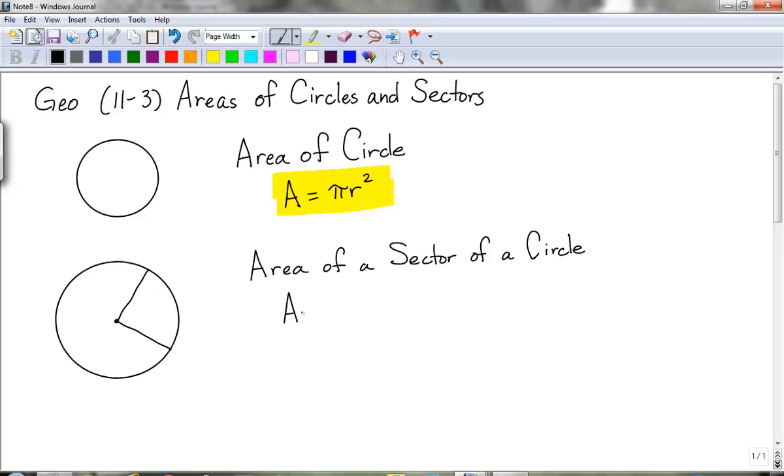I'm going to write it out in words first, and then I'm going to go through two examples so it'll make more sense. It's the area of the sector divided by the area of the whole circle.